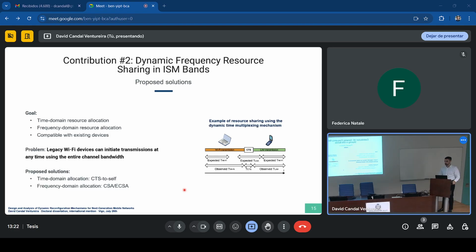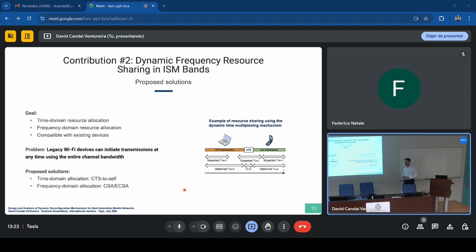If you have a high load on the Wi-Fi, then the performance is going to degrade because the CTS frame has to wait.